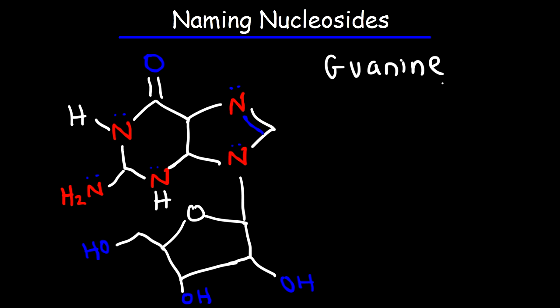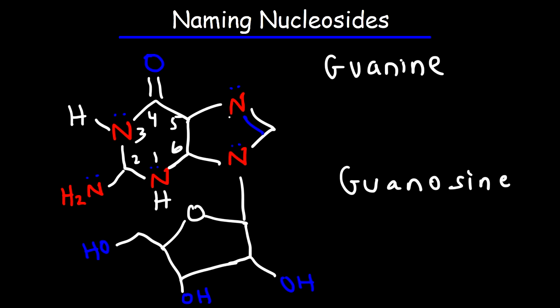Now, what does it become once we add a sugar to it? Guanine plus the ribose sugar becomes the nucleoside guanosine. And so that's what we have here. This is position 1, 2, 3, 4, 5, 6, 7, 8, 9.